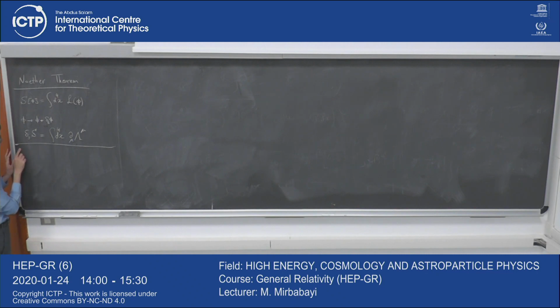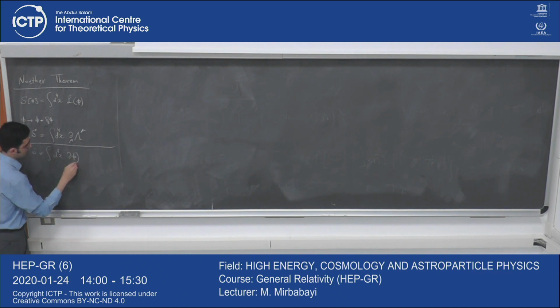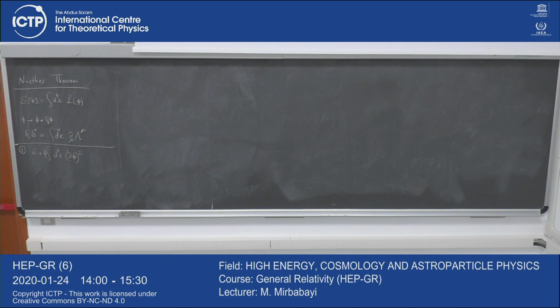So let's consider some examples. For instance, we can have a free massless scalar field. Imagine the action is given by minus 1/2 integral d4x (d phi)^2, and the symmetry of this action is phi going to phi plus a constant.